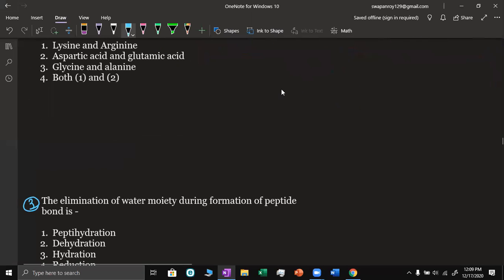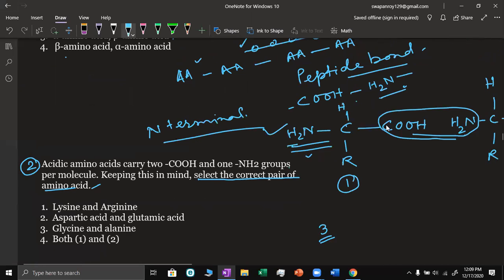The character of all the amino acids depends on three things. What are those three things?